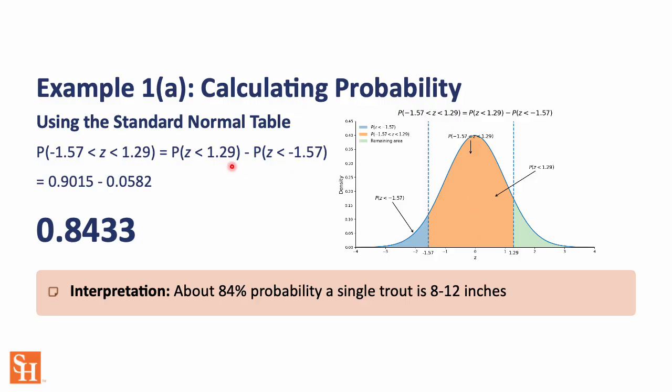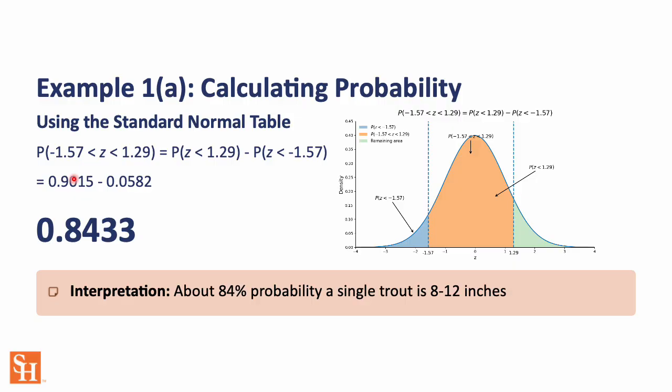So that is basically the probability that the z-score will be less than 1.29, minus the probability that the z-score will be less than negative 1.57. That will give us this probability.